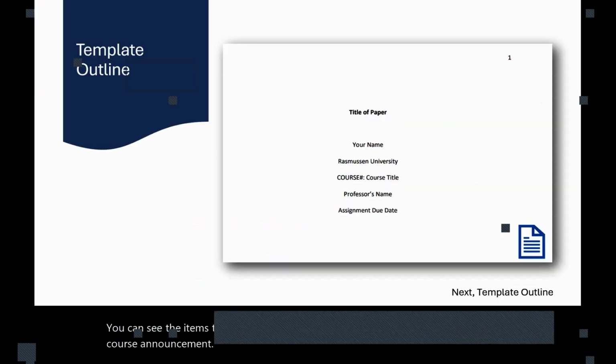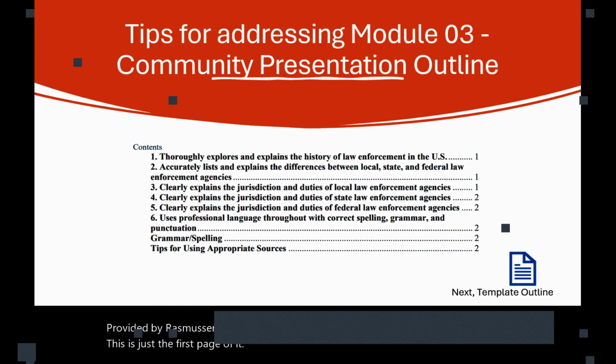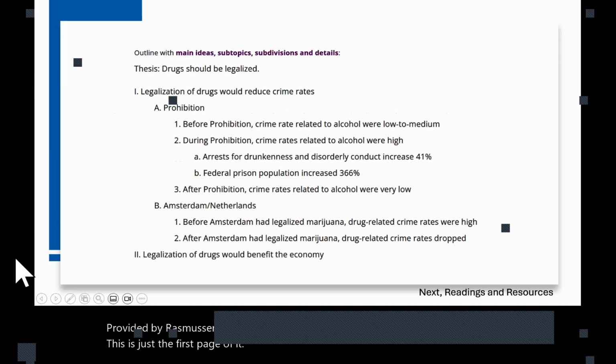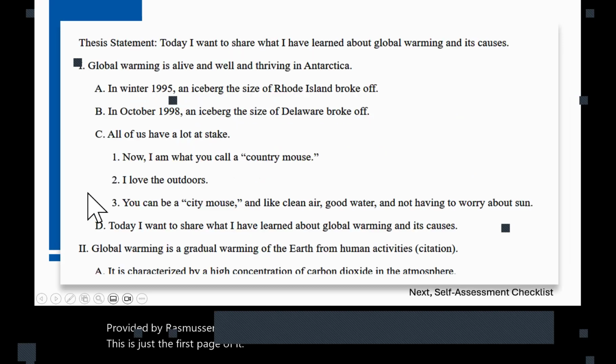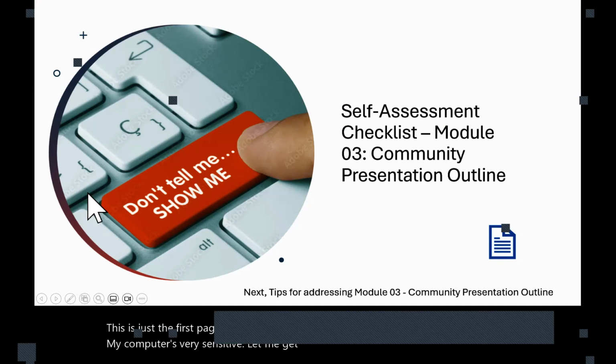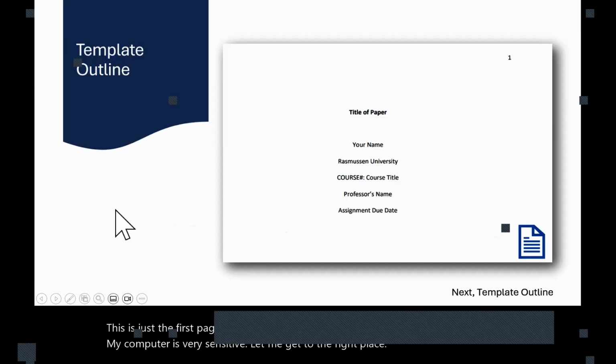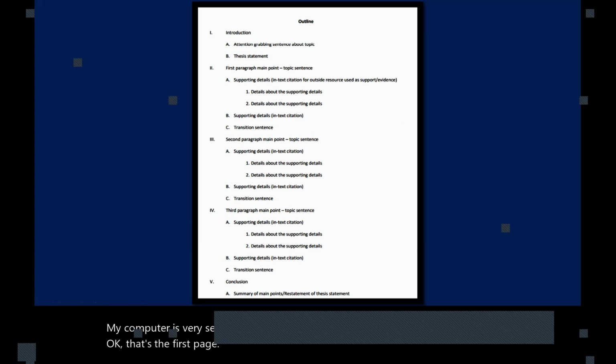A template outline provided by Rasmussen. It's just the first page of it. My computer is very sensitive. Let me get to the right place. That's the first page. Quick overview of what it looks like.